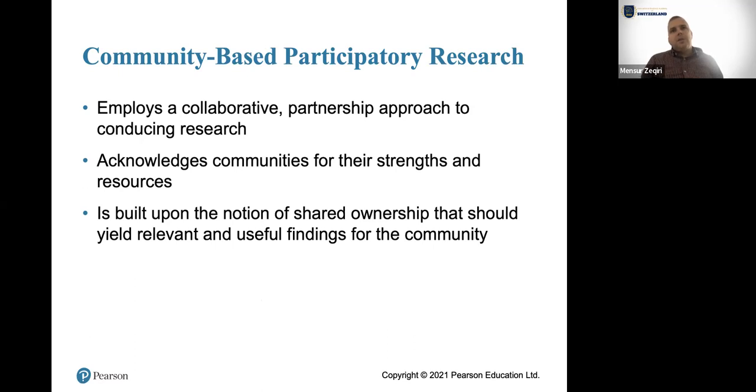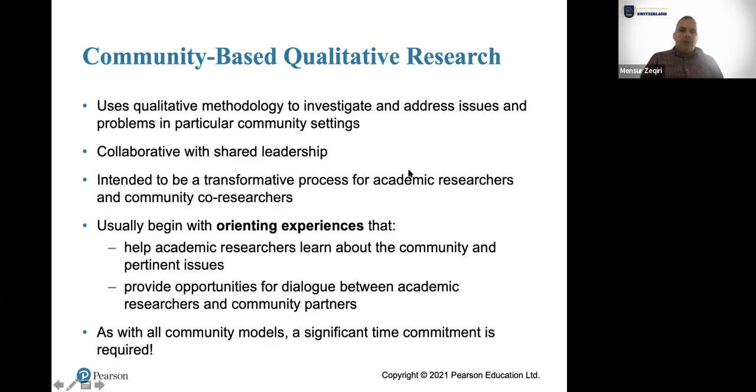We discussed the community-based participatory research, and we said that it is simply built upon the notion of shared ownership that should provide relevant and useful findings for the community. And we have the last part where we discussed the community-based qualitative research, and we said that they use qualitative methodology not only to investigate but also to address issues and problems within the community setting. And we said that the researchers and the community do share their leadership.